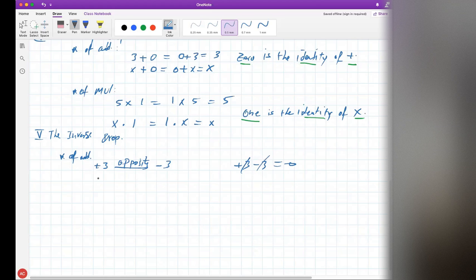For example, for any real number, negative x, whatever x might be, what is the opposite of it? Positive x. That's right. And if you combine negative x and positive x, the result is 0. They cancel each other out.